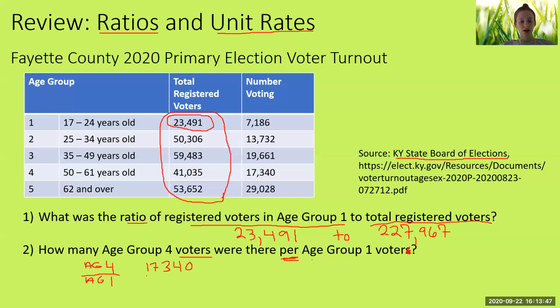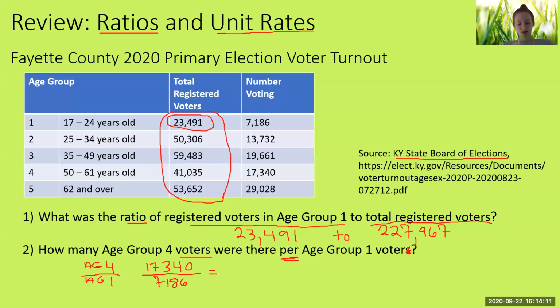And how many voters in age group 1? There were 7,186. So to figure out the number in age group 4 per voter in age group 1, we're going to divide.